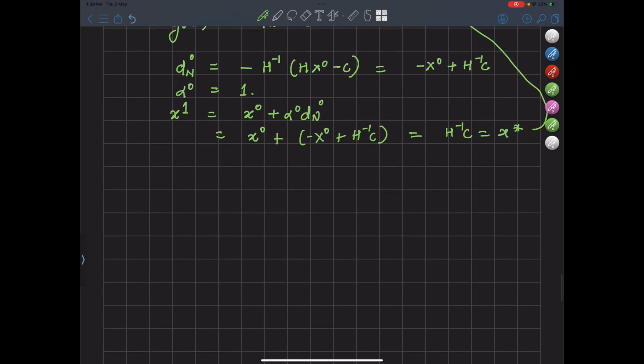So let's write this observation using classical Newton method.